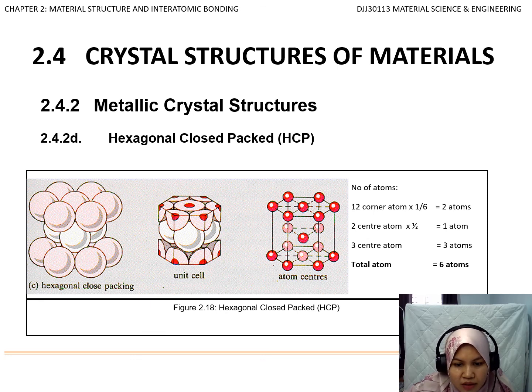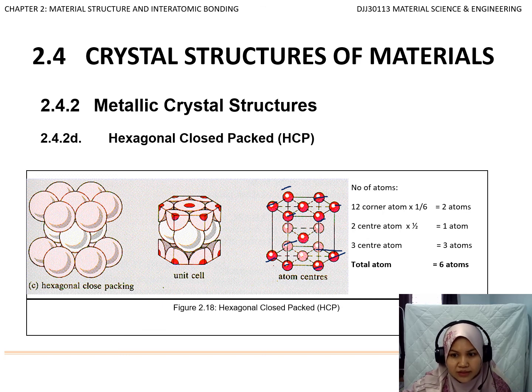1, 2, 3, 4, 5, 6, 7, 8, 9, 10, 11, 12. Ada 12 corner lah. So size dia 1/6. Dia beza sikit daripada yang tadi.